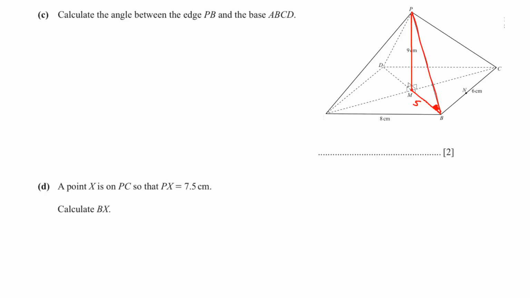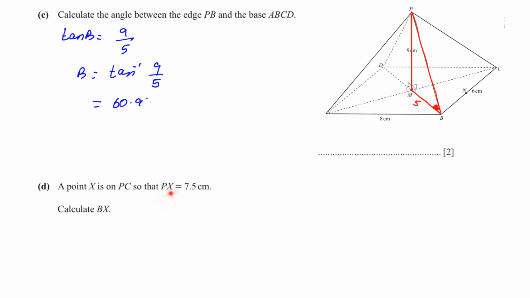So again we have opposite over adjacent, so we are going to use tan. Therefore B is equal to tan inverse 9 over 5, and we will get angle B is 60.9 degrees.